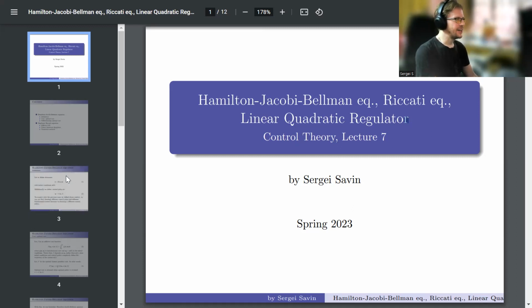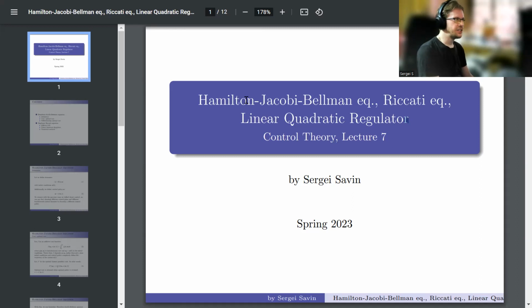The key aspect of what I'm going to do here is to bring, for the first time, an additional concept, and that is optimality. Before that, we were talking about control in terms of only one criterion, and that was stability. So far, we only wanted the system to be stable.